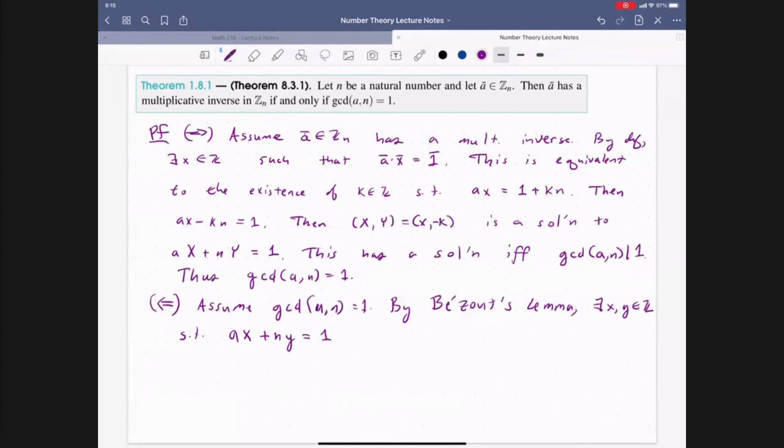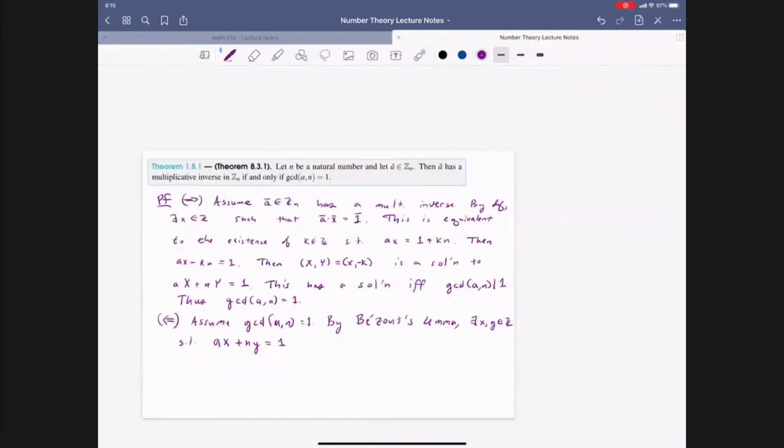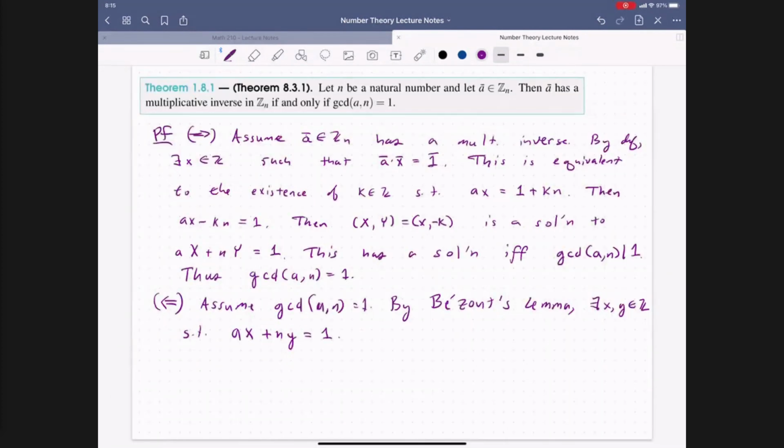Now, this equation, if we reduce modulo n, yields the following. So now I'm going to use the bar notation.